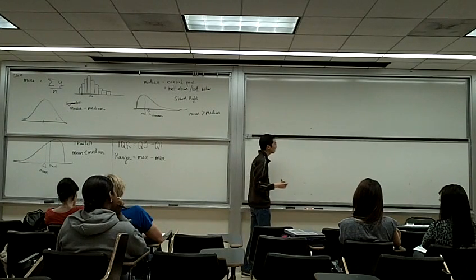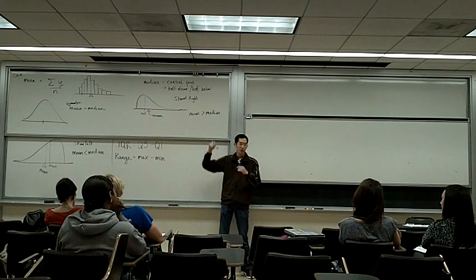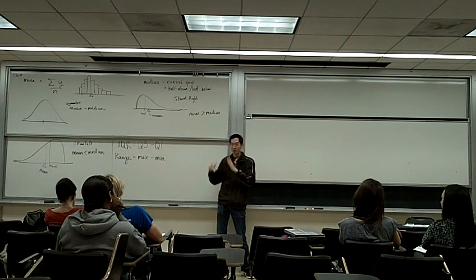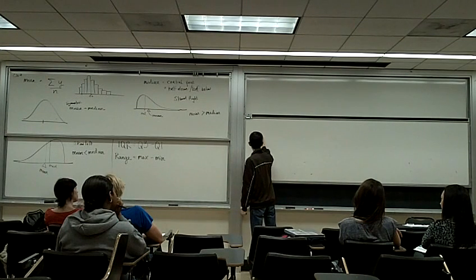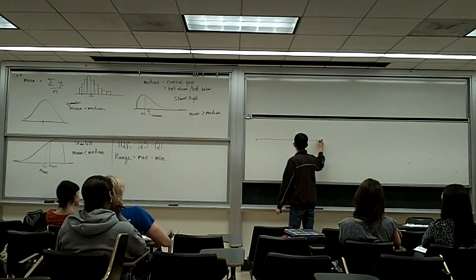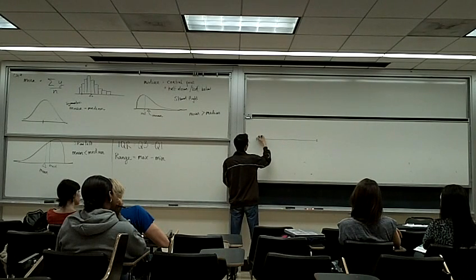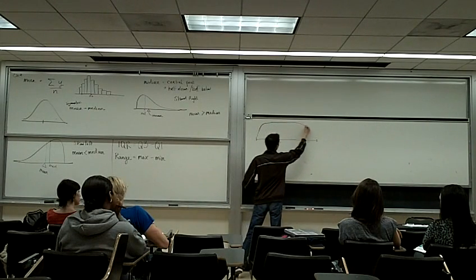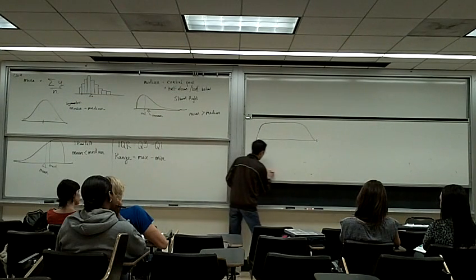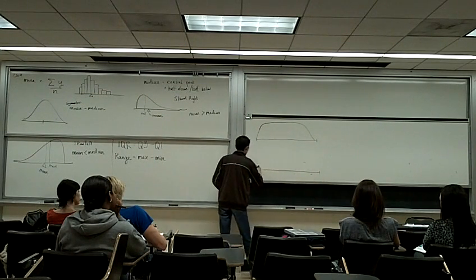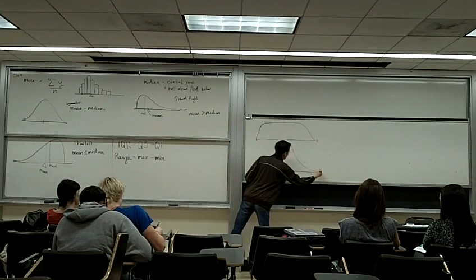So for example, and again, I hope it's okay that I'm just drawing smooth lines rather than all these rectangles for histograms, but the underlying idea is the same. So I might have two distributions here. Here I've got something like this, and then over here I might have something like this.